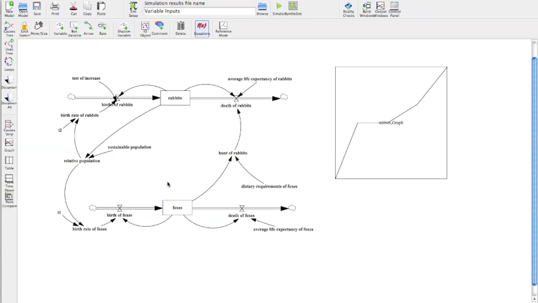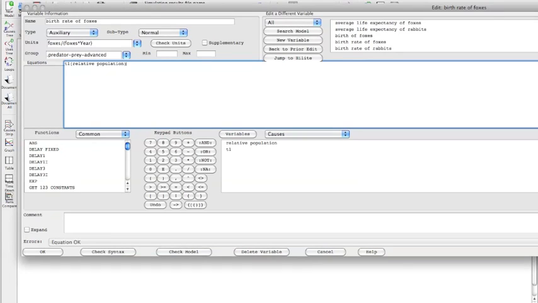Let's take a look at the foxes. So the foxes in this model can be born, and the birth of the foxes is handled much in a similar way as the birth of rabbits. It's essentially a lookup table where the birth rate of the foxes, it's a table T1, and it's a function of relative population.